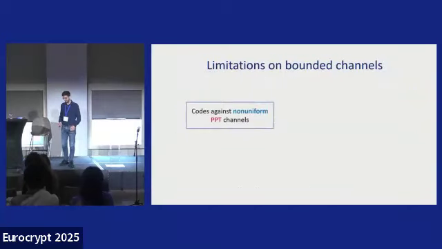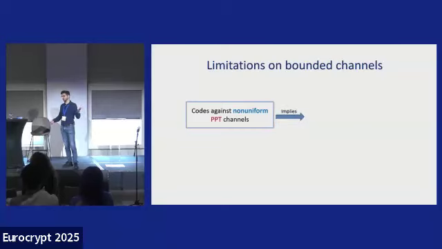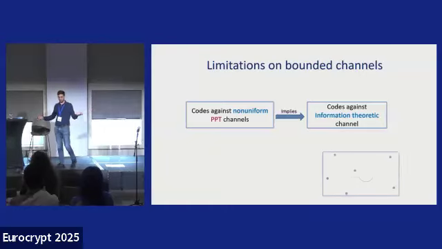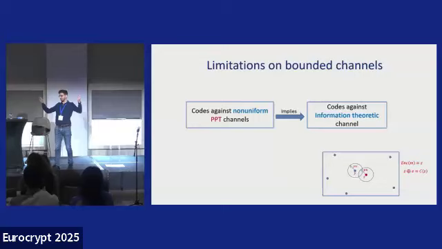Okay, so there's one caveat and one limitation. Suppose you have a code that is good for non-uniform PPT channels. Then it turns out that this code is, of course, also good for information theoretical channels. So we didn't get anything from this relaxation. The reason for this is, well, if the only thing you introduce is this computational aspect, by non-uniformity, you could just hardcode the distance between two close code words, and this could induce a decoding error.